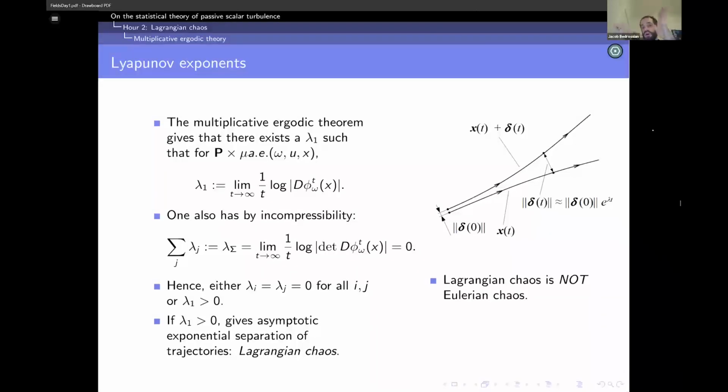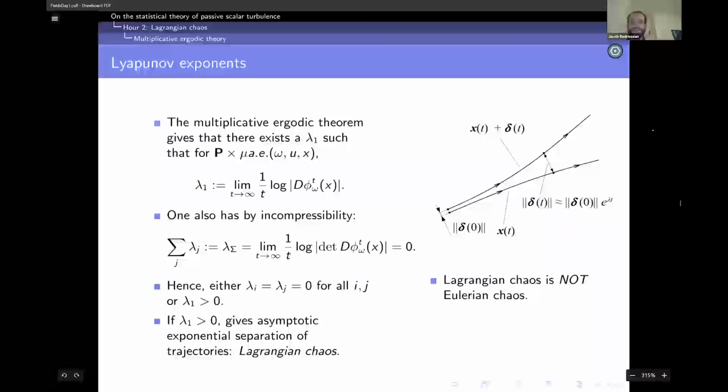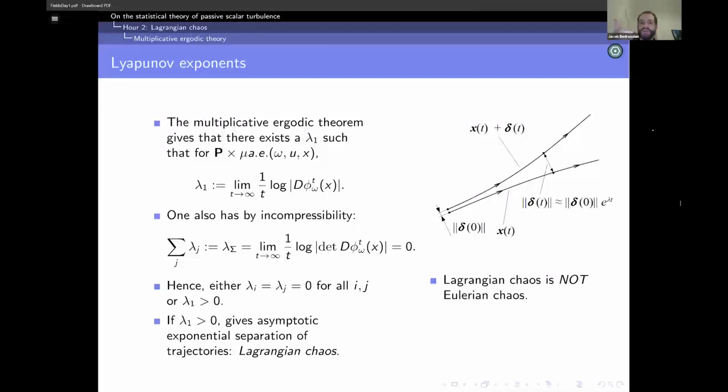So the multiplicative ergodic theorem just applies straight up using very simple qualitative estimates. And so you know that you have a top Lyapunov exponent λ1, which is the asymptotic growth rate of the gradient of the flow map, and you know that it's deterministic due to the ergodicity of μ cross Lebesgue. And so the difficult part is proving that it's positive. Proving that there exists a top Lyapunov exponent is not hard, actually.